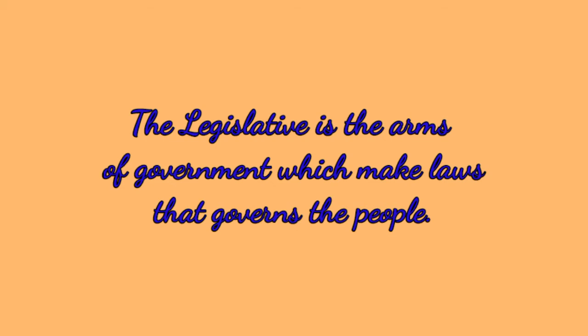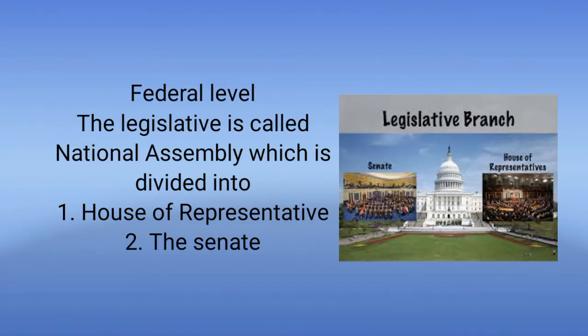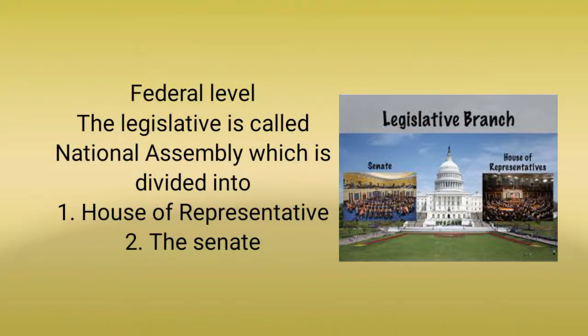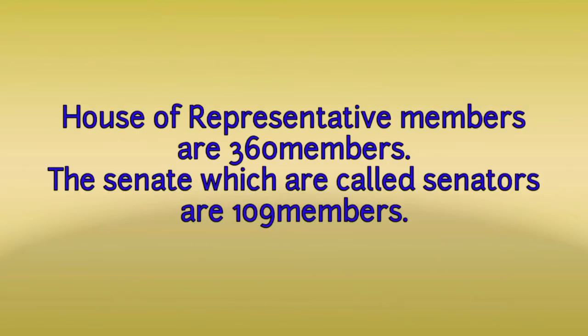Okay? Now, at the federal level, the legislature is called the National House of Assembly, and this National House of Assembly is divided into two: the Senate and the House of Representatives. Every state has representatives in the National Assembly, and the total number of members in the House of Representatives is 360.